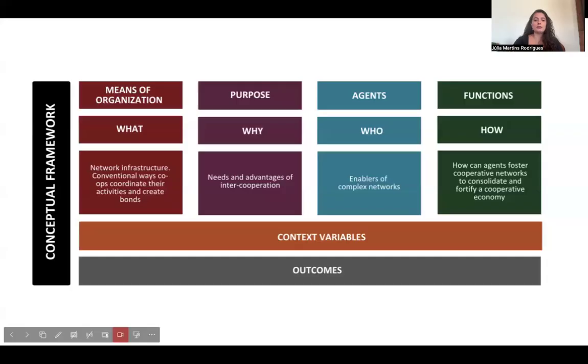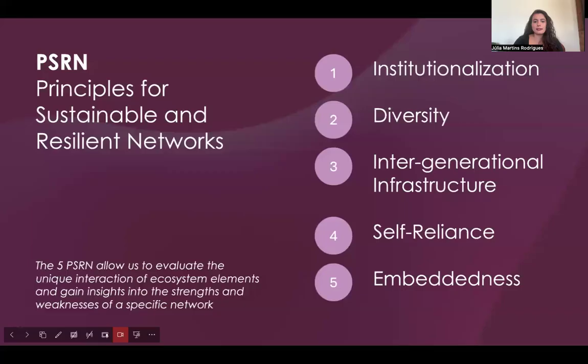So we developed an additional tool that helps us accurately assess the state of a network through a set of standards. Our assessment tool is based on 5 principles and allows us to evaluate the unique interactions within ecosystem elements, providing insights into their strengths and weaknesses.